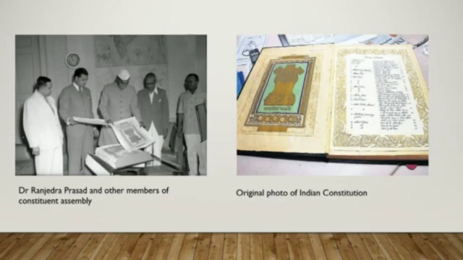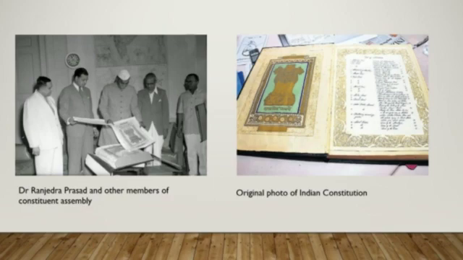And these are a collection of pictures. In the first picture, our head of the Constituent Assembly, Dr. Rajendra Prasad, was observing the original copy of our constitution. In the other picture, you can observe the original copy of our Indian constitution.